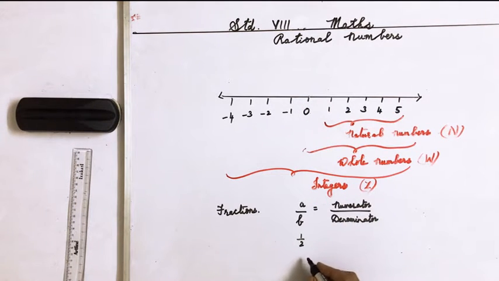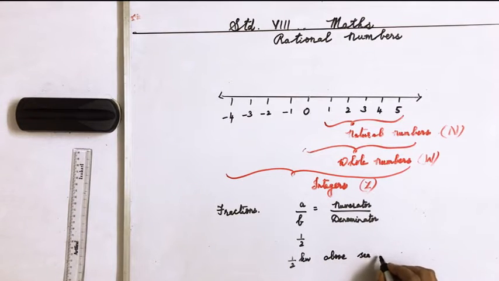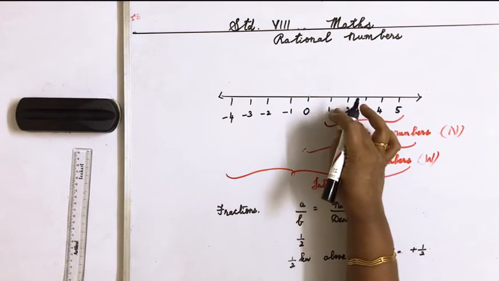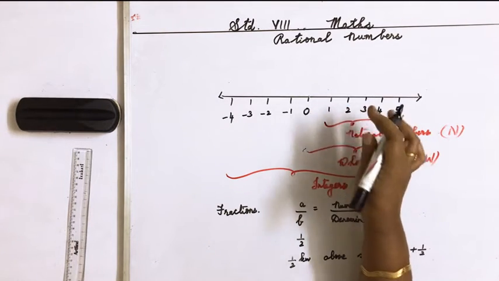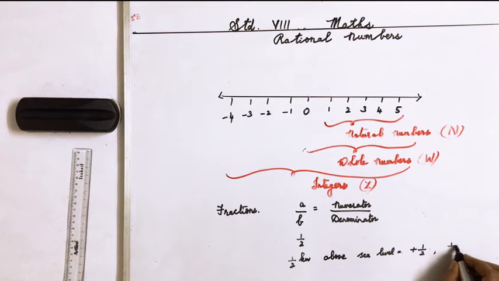We'll consider another example. If you write 1 by 2 kilometer above sea level, it is written as plus 1 by 2, so we represent this on the right side. If you write 1 by 2 kilometer below sea level, it is represented as minus 1 by 2.